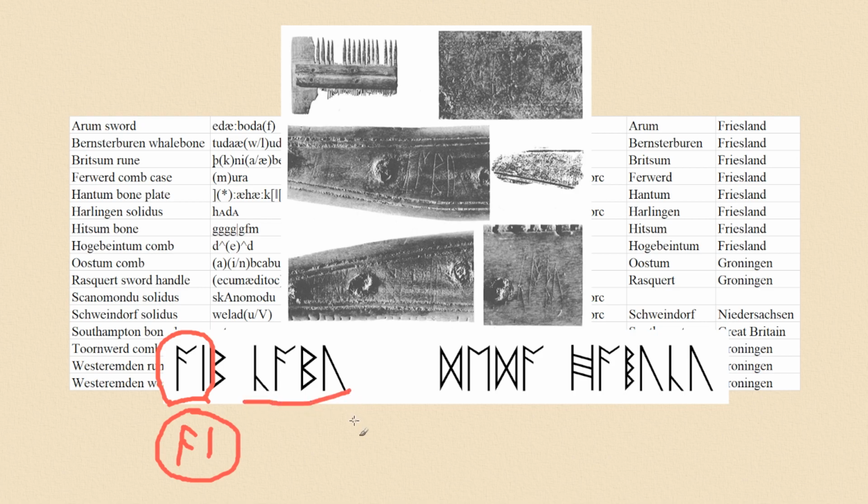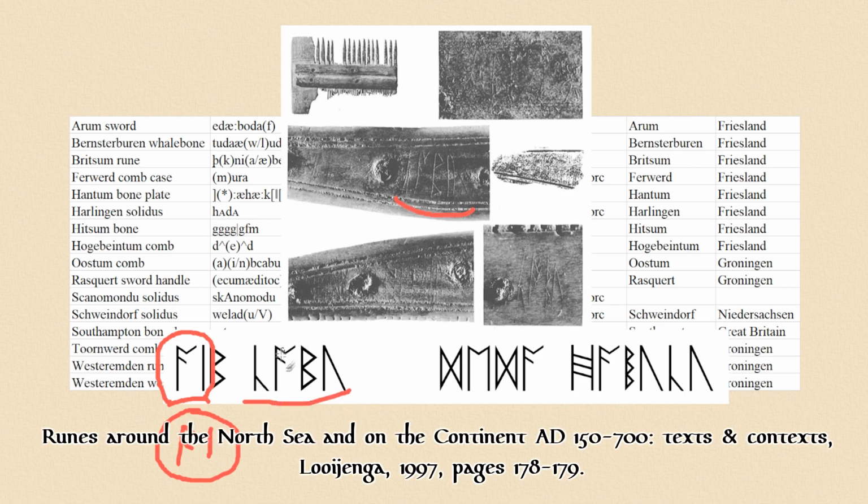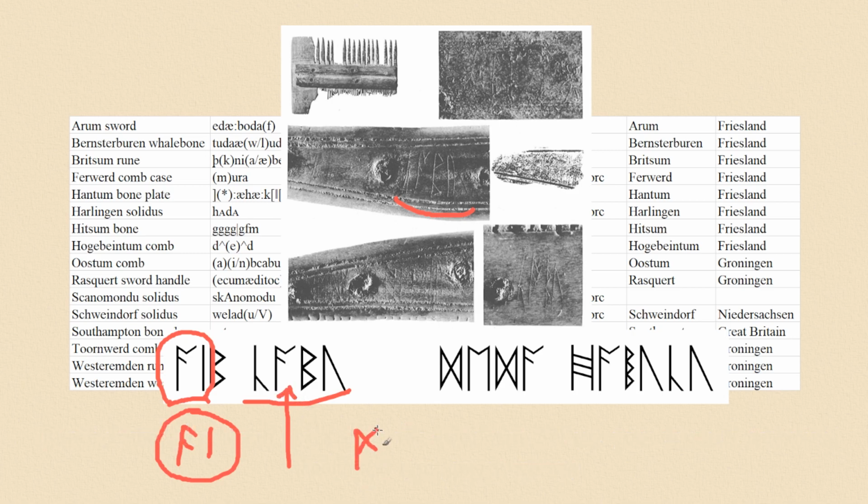This right here might be the word comb, but if it is, it's missing the M rune, which is similar to a spelling convention in Elder Futhark and Younger Futhark, where the M rune and the N rune, or this here, where these two runes might get dropped in certain contexts, and this would be one of them.